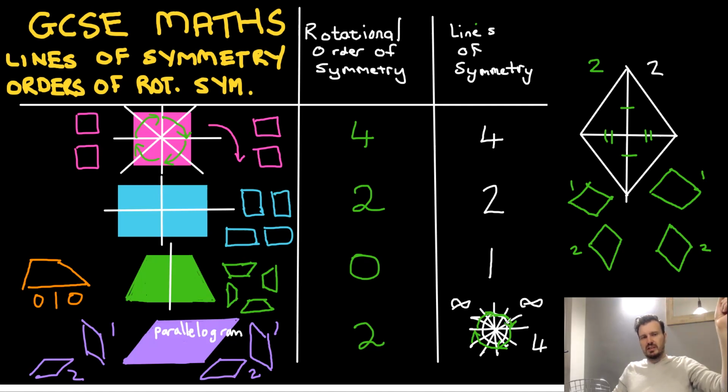But strictly, it has infinite. Yeah. But then you could say a square has infinite as well, right? Because you could move it 5 degrees and then another 95 degrees, and then 90 from that 5.